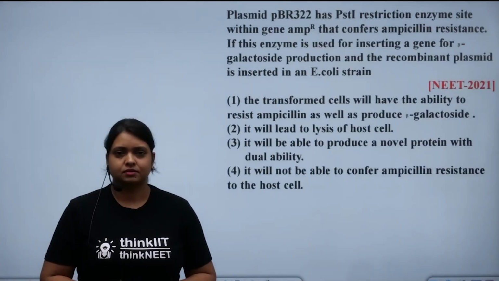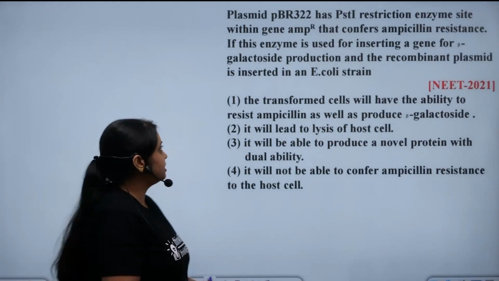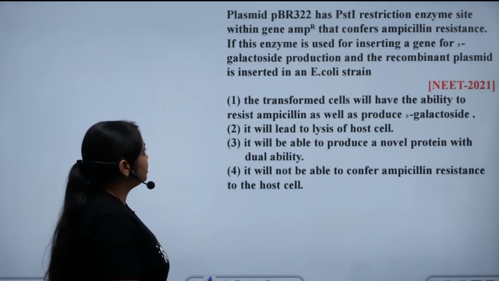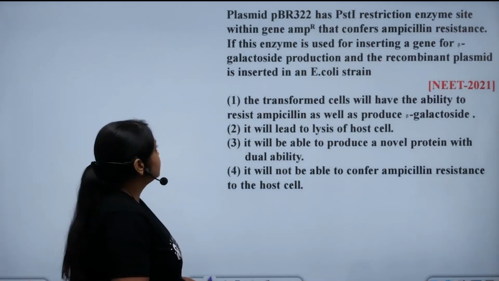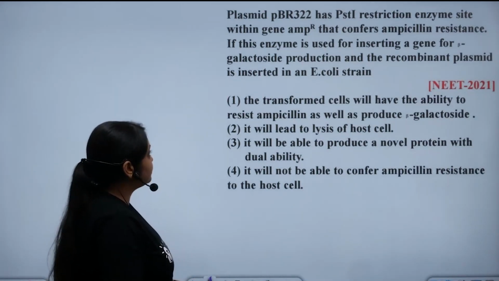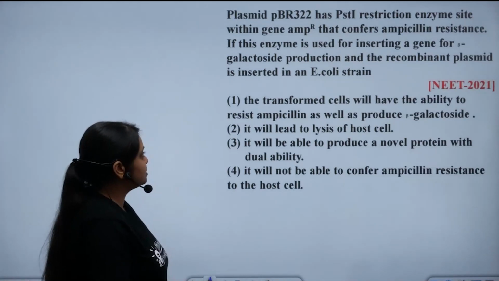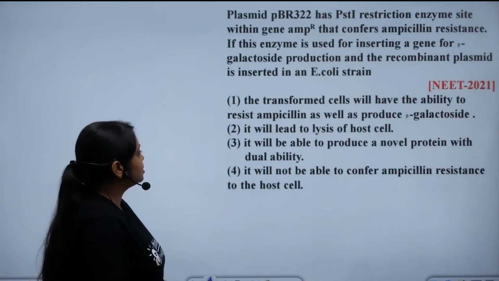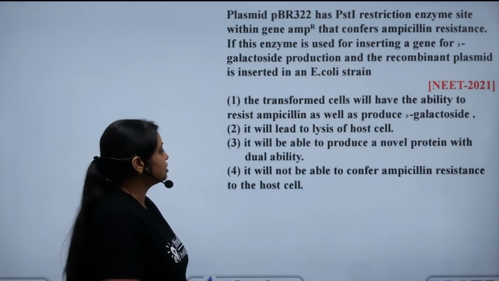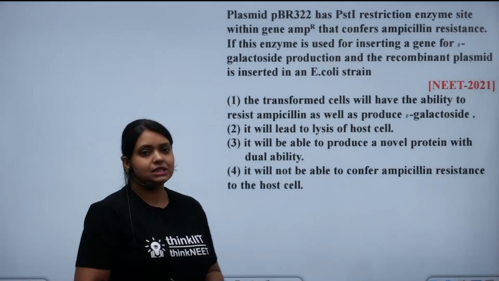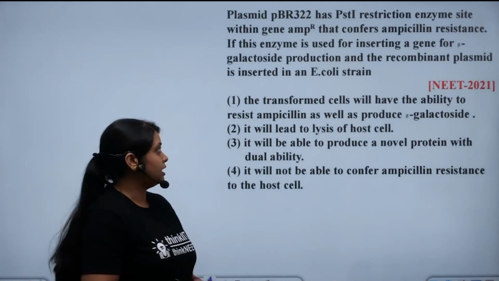Over to our next question, that is plasmid pBR322 has a PstI restriction enzyme site within the gene that confers ampicillin resistance. If this enzyme is used for inserting a gene for beta galactosidase production and the recombinant plasmid is inserted in an E. coli strain.